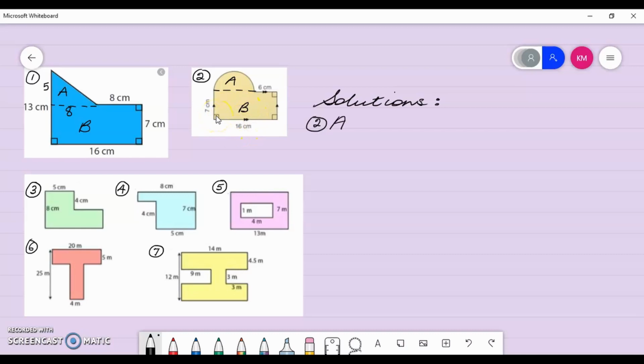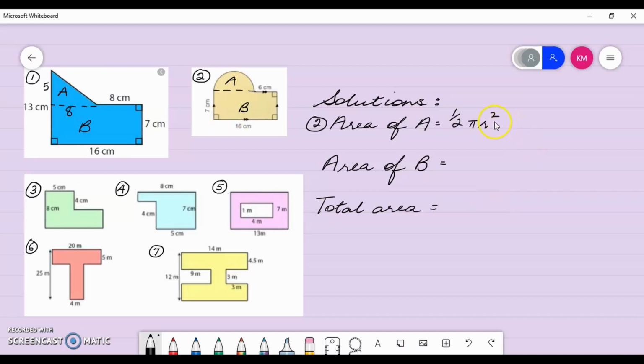So I'm going to write here area of A and area of B. I also need to write total area. The area of A is going to be half pi r squared, because remember, pi r squared is the area of an entire circle.